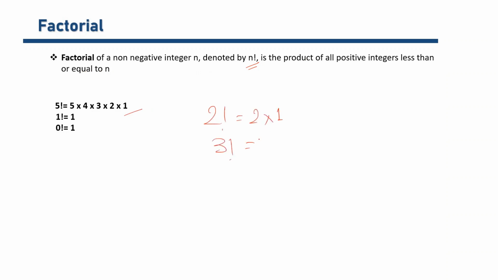When I say 3 factorial, it is 3 into 2 into 1. When I say 4 factorial, it's 4 into 3 into 2 into 1, right? So this is actually factorial. And please remember, 0 factorial is 1. I'm not going to derive why 0 factorial is 1, but 0 factorial is 1.